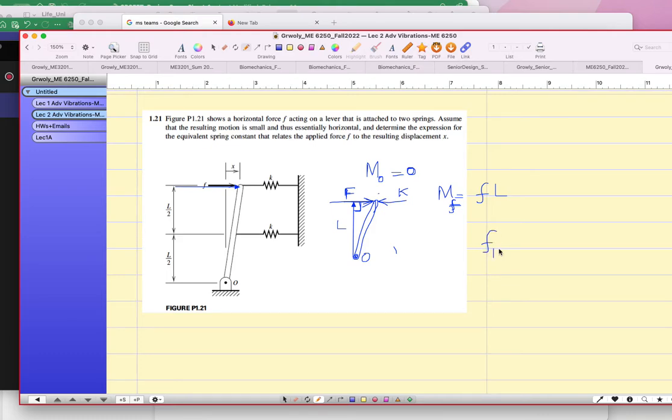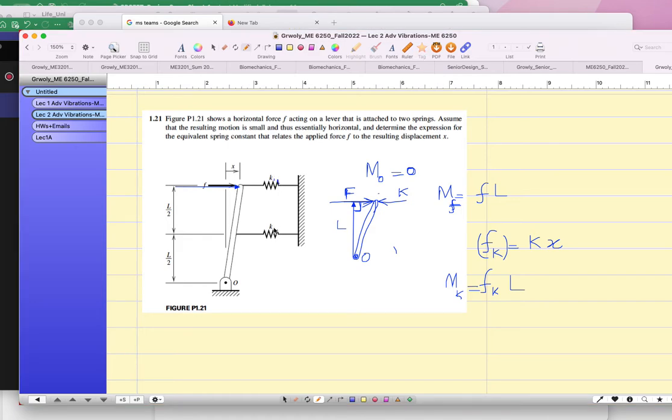the spring force is equal to K times X. And you know the moment: this force times L gives you the moment of that spring. Let's assume this is spring number 1, although they have the same stiffnesses.